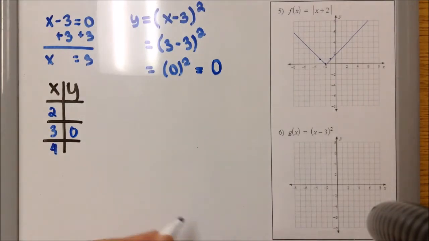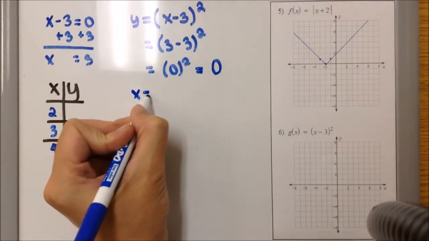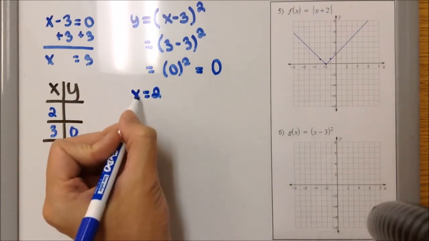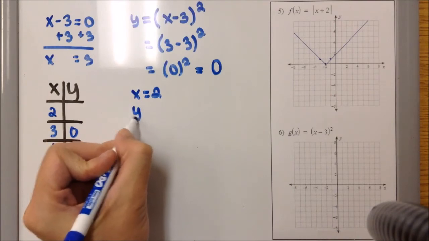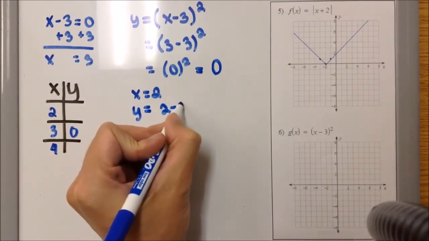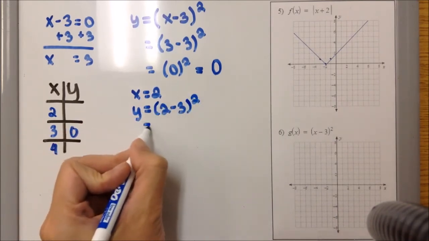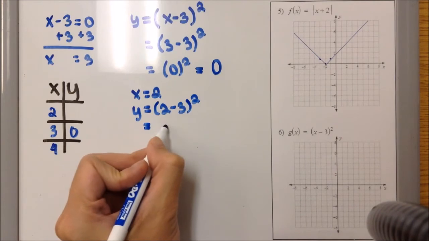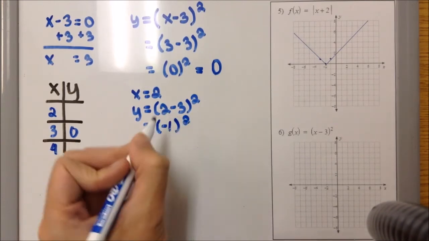Alright, now we're going to do 2. So I'm going to organize my work, x equals 2, and I'm going to plug the 2 into that x. So 2 minus 3, squared. Then I'm doing 2 minus 3, which is negative 1 squared.